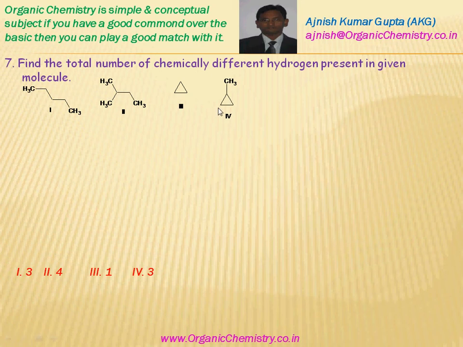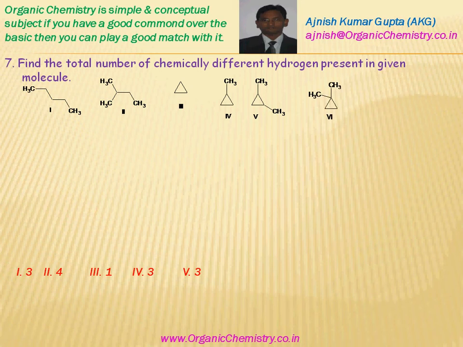Hydrogen present over this carbon and this carbon have the same chemical nature. For this molecule, the answer is 3. These hydrogens have the same chemical nature, these have the same, while this particular one is different. So 1, 2 and 3.